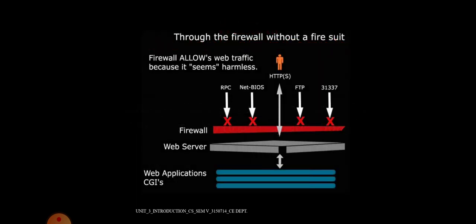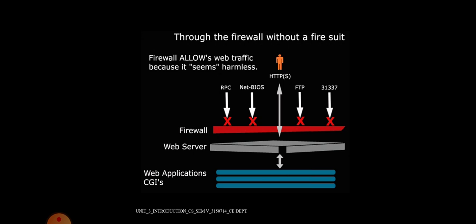Here we talk about the firewall without the firewall suit. Here we see in the figure, the firewall allows web traffic because it seems harmless. Here we see three tiers.